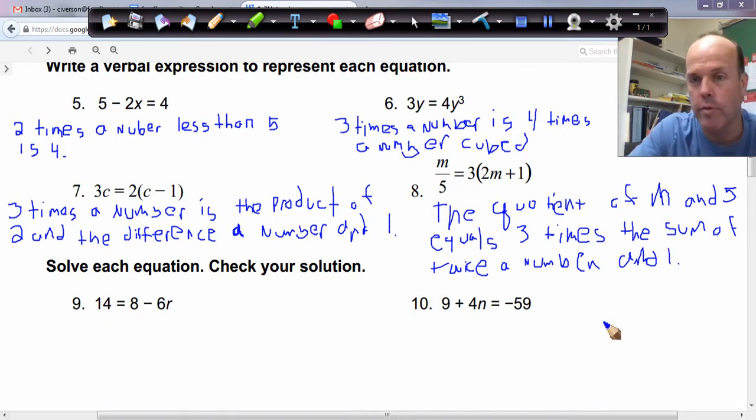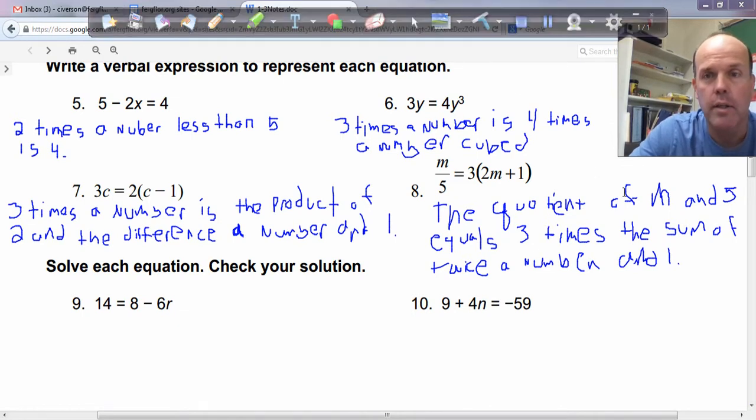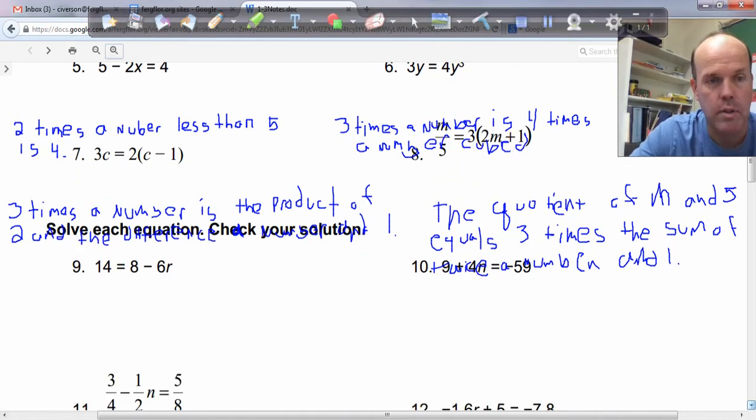There you go. It's hard to read. The quotient of m and 5 equals 3 times the sum of twice the number and 1. There we go. Alright. Move down to the next ones.